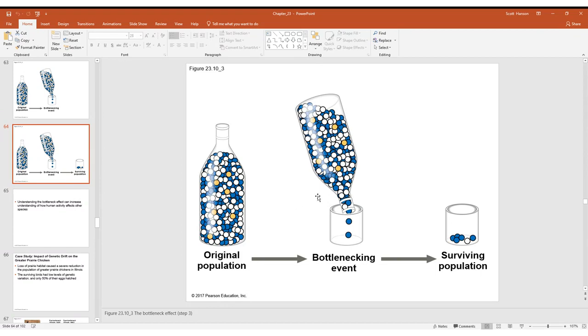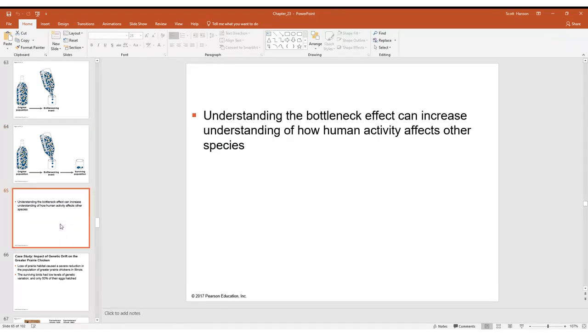And so there were only a few bison left, and that was a big bottlenecking event. And so the bison today have a lot less genetic diversity than the original bison populations. So that's a link to culture here, because it unfortunately had a huge devastating effect on a number of tribes that depended on the buffalo. And so that's the bottleneck effect.